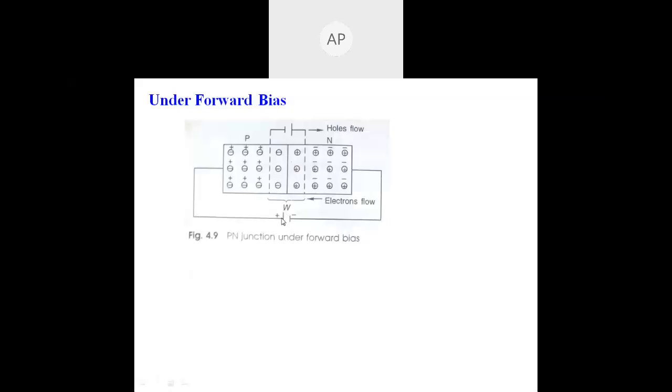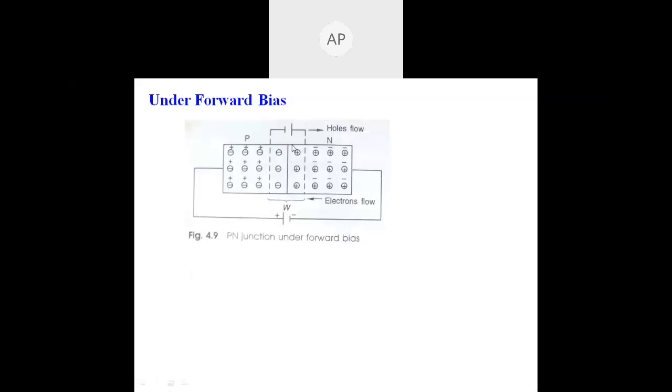Since it is forward bias, the terminals will emit ions, so these negative ions will combine with positive ions.